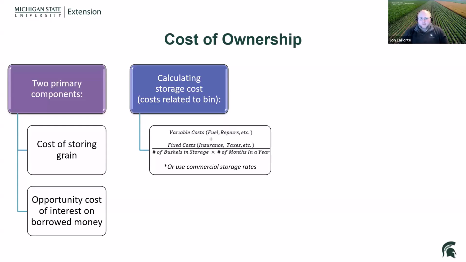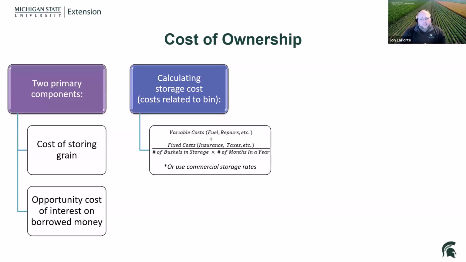So that number may be a little bit challenging, but you identify the costs that go into maintaining and utilizing that storage, those operational costs, some of those overhead type costs, and then you take those values, divide that by the number of bushels that you're planning to store, and then by the number of months in a year that you're planning to store it. Now, in a lot of cases, people will divide that number by 12 months just to get an idea of what's my per month cost. But you can look at a total number as well.